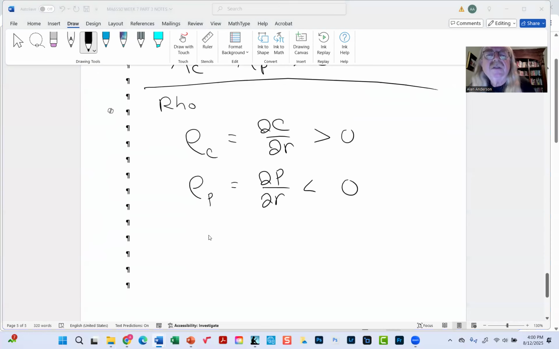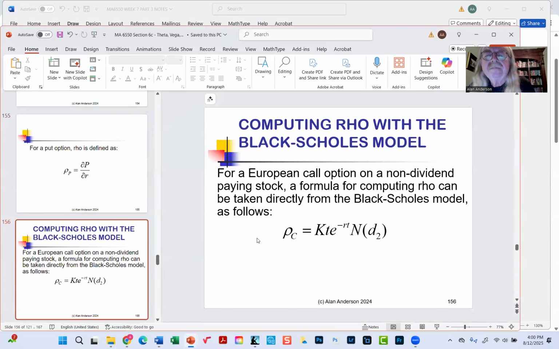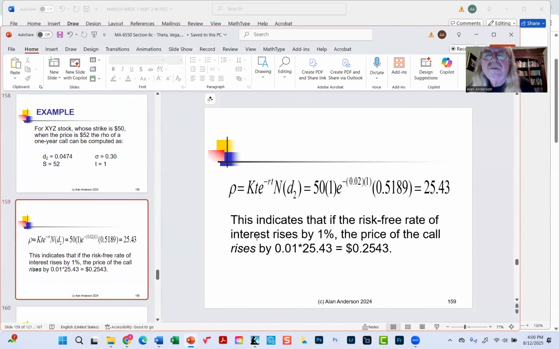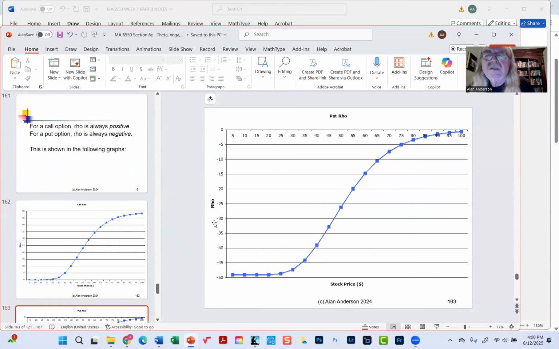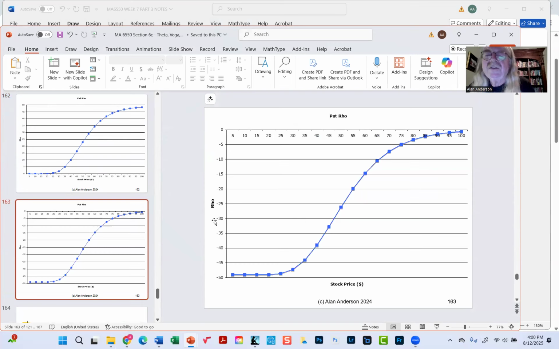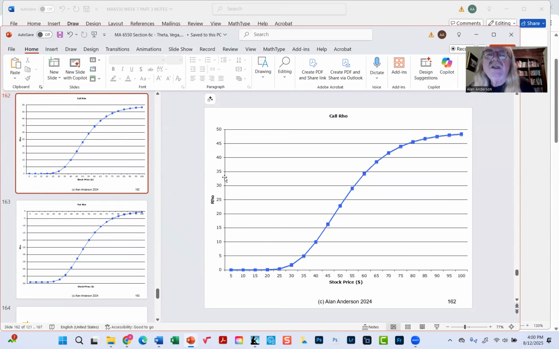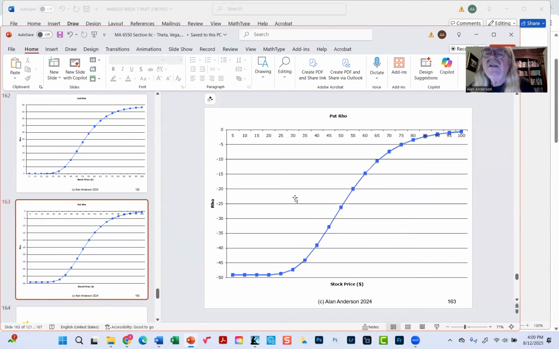Okay, and the graphs, let's see where the graphs are. Oh, boy, doesn't that look a lot like the call delta? It really does. You notice how the slopes are the same, the same thing as we had with the call deltas. We have positive numbers here for the call, negatives for the put.